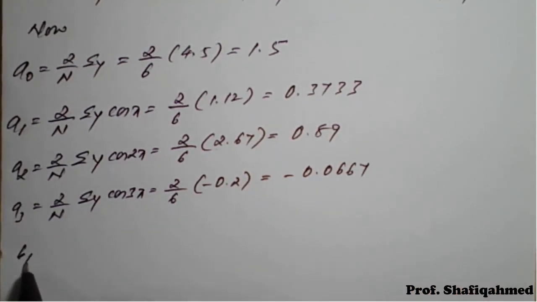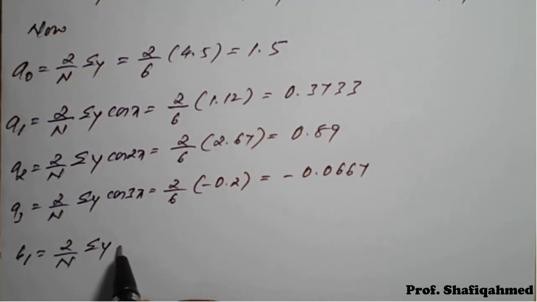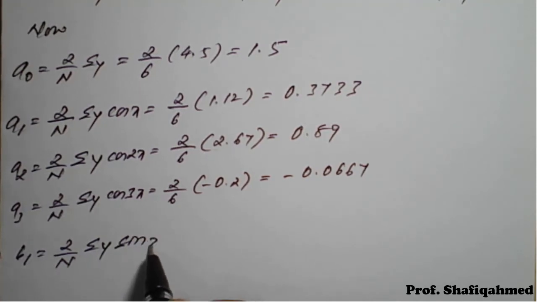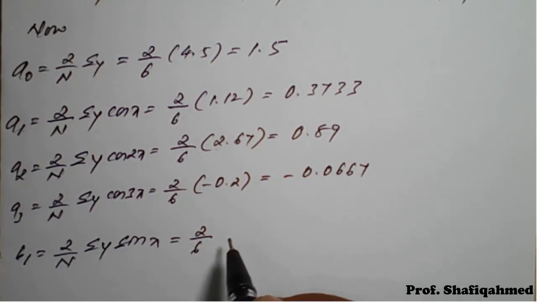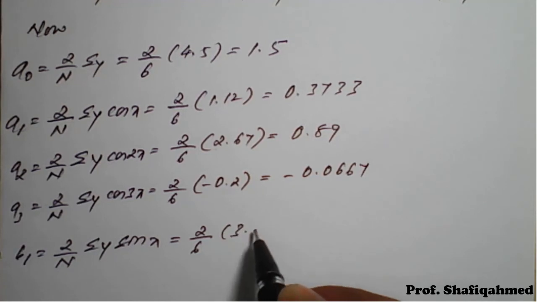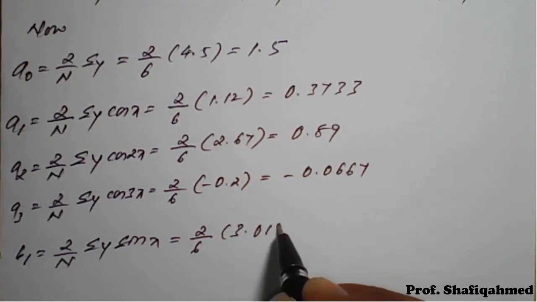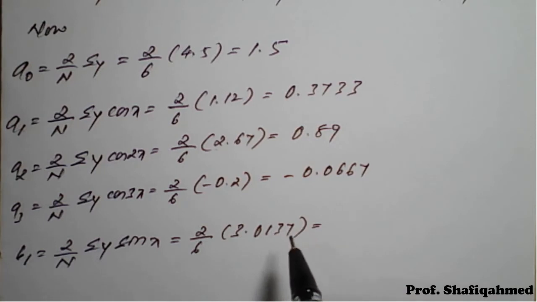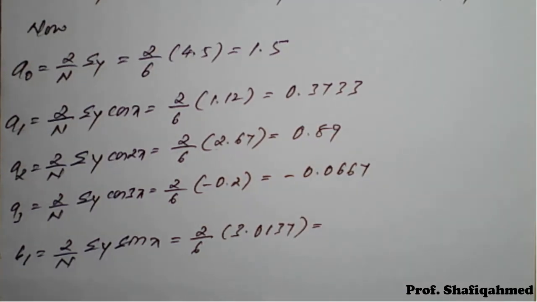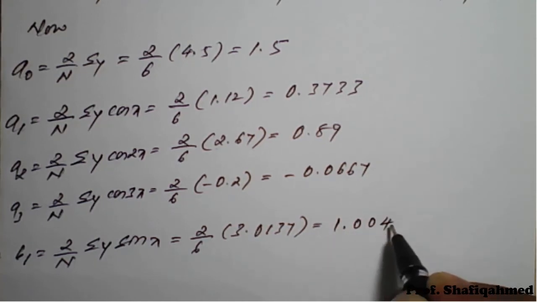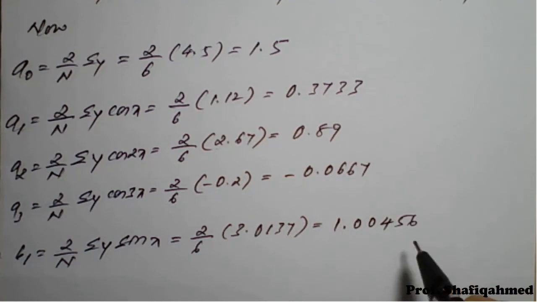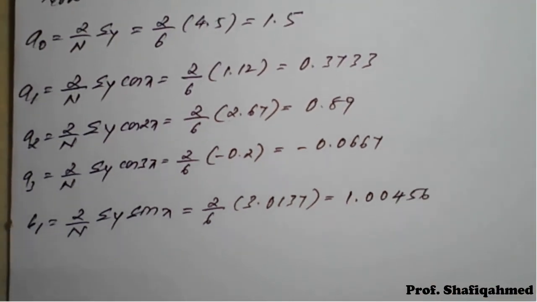Now b1 is 2 upon n summation y sin x, which is 2 upon 6 times 3.0137. So the resultant will be 1.00456.